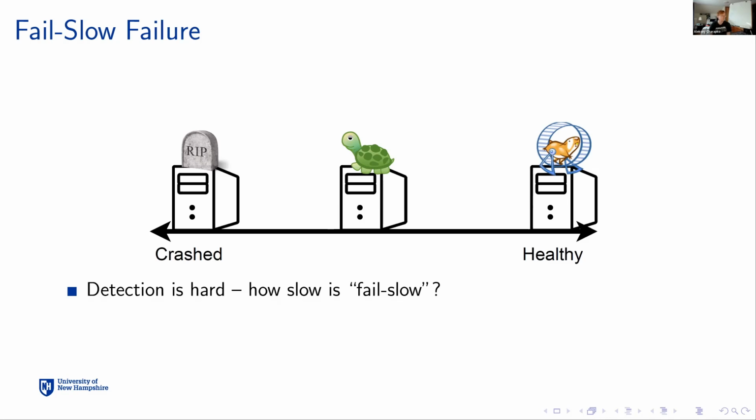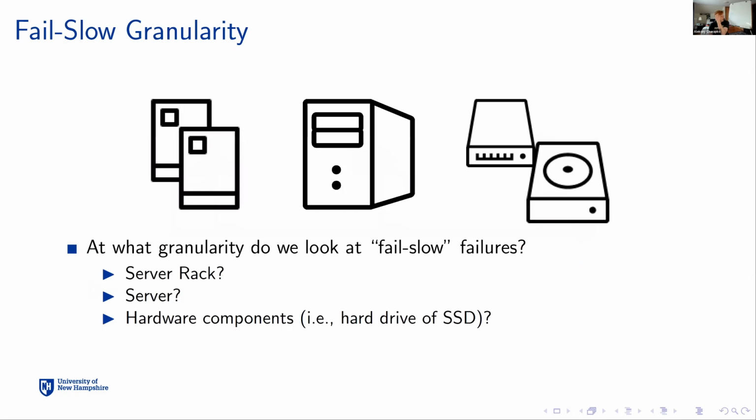Another problem that we want to look at is at what kind of granularity we look at these fail-slow problems, right? Are we looking at a fail-slow data center, fail-slow rack? Are we looking at the level of maybe servers or virtual machines, nodes?